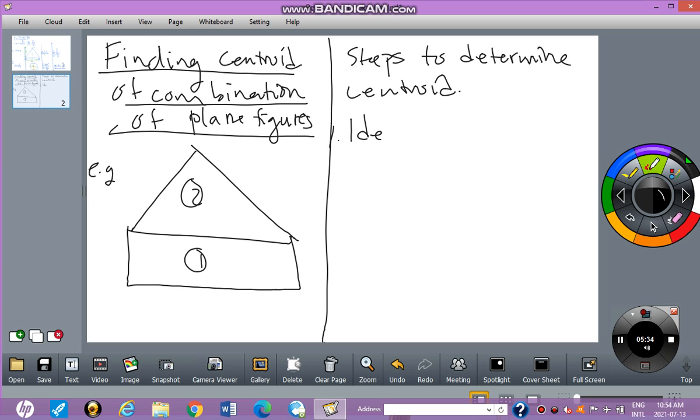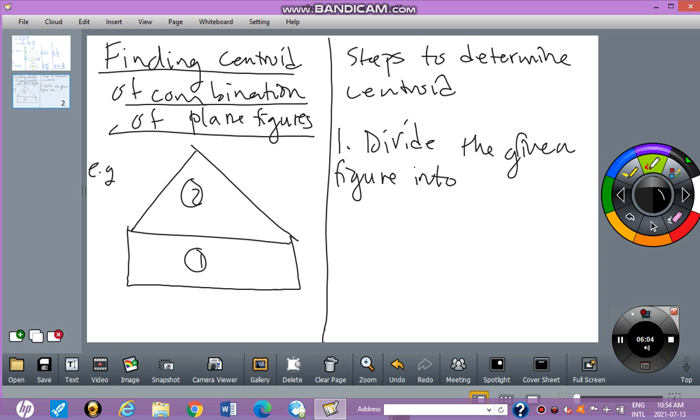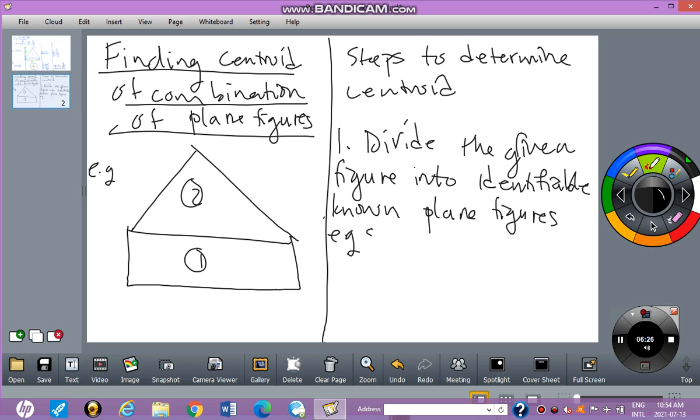Example of these known plane figures, we have a square, rectangle, etc., just like I've mentioned here.